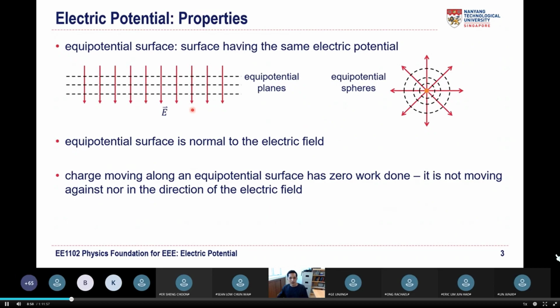Okay, so one of the properties of electric potential is you can draw a so-called equipotential surface. That means a surface having the same electric potential. So let's assume that we have an electric field that is uniform, and it is coming all in one direction from top to bottom in this case.